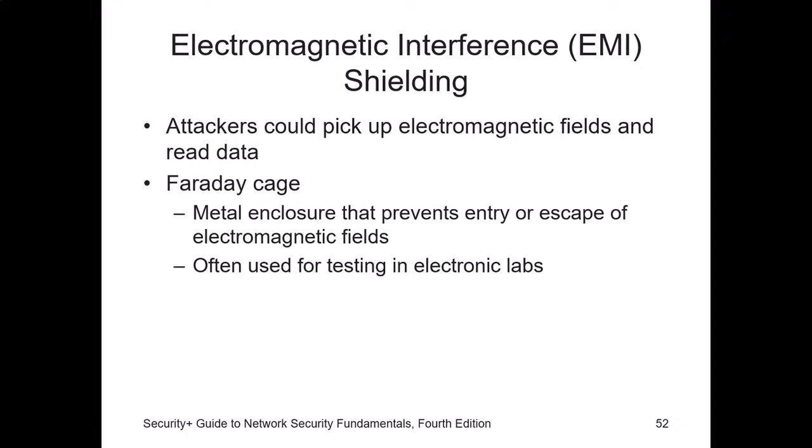If you want nobody to be able to use their cell phones in a room, you put them in a Faraday cage. So if you're working on some sort of top secret equipment, make sure your lab is surrounded by a Faraday cage, right?